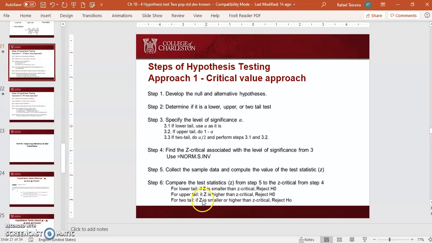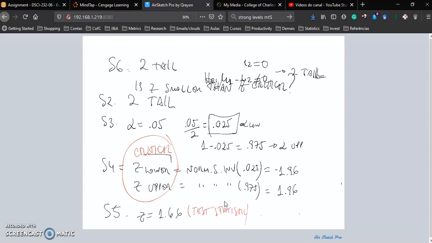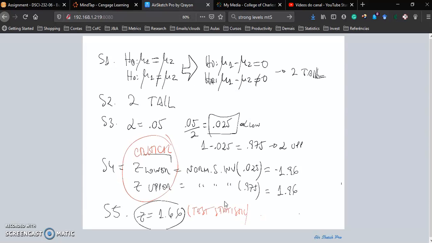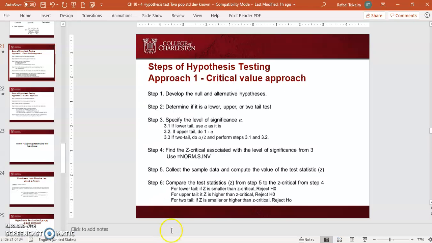First question is if z is smaller. So let's take a look again. My z is 1.66. It is not smaller than this, right? It is higher. So, nope. Then the second question, because it's a two-tail question. If it's a one-tail question, it's just one question. Because it's a two-tail question, is it smaller or is it higher than the z critical?